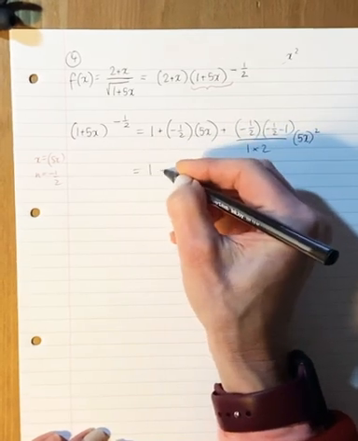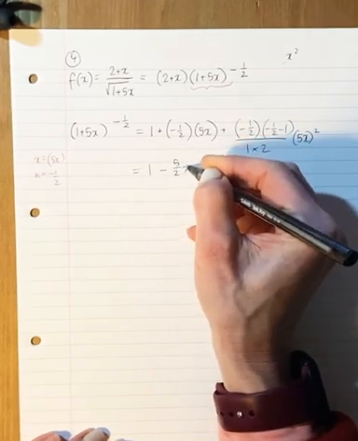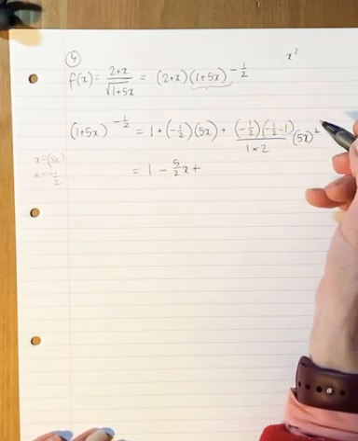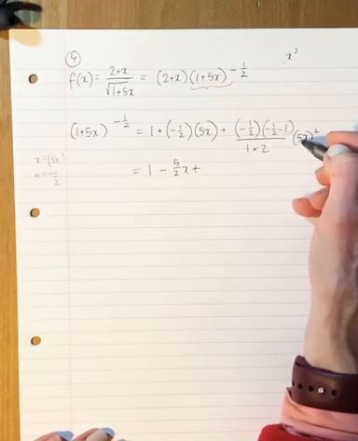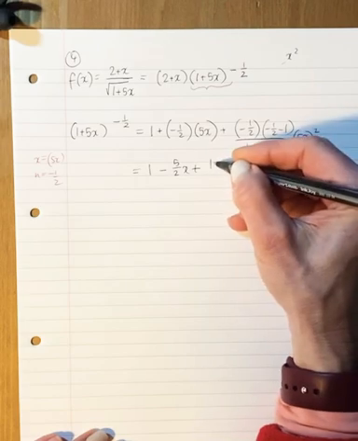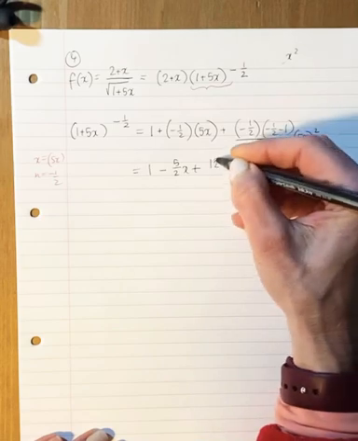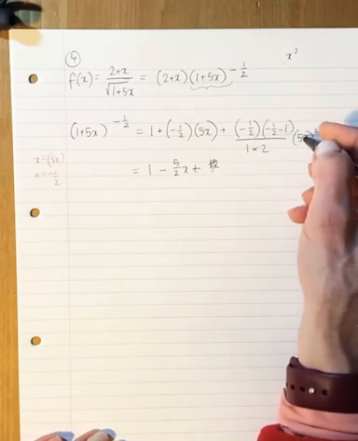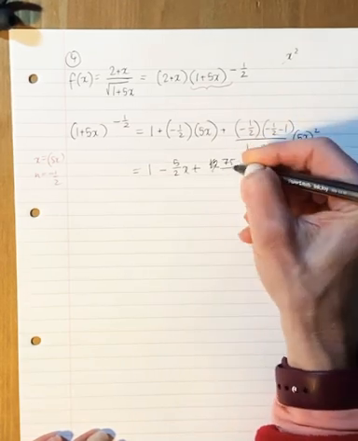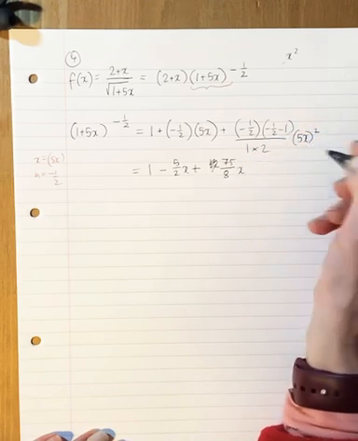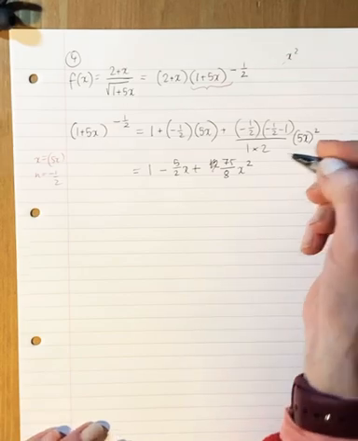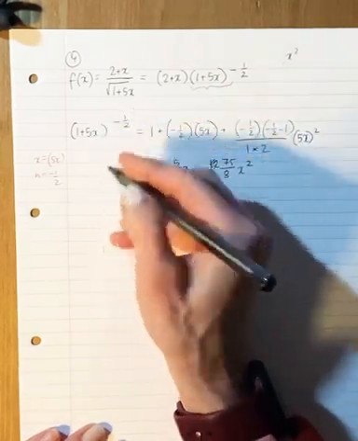Tidy up: this is minus 5 over 2 x, and this one here is going to be minus and minus, so that becomes plus. That's 3/8, times 25, 3 times 25 is 75, so 75 over 8 x squared. Perfect.